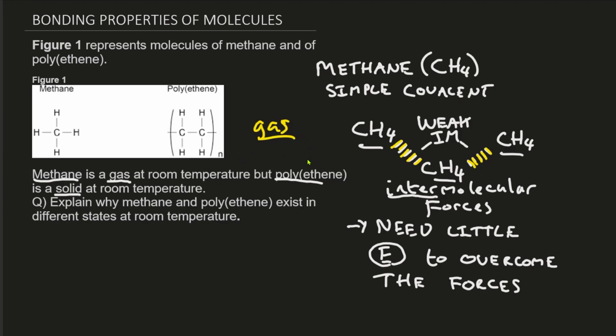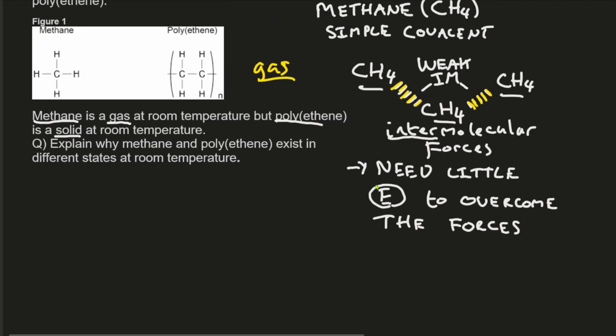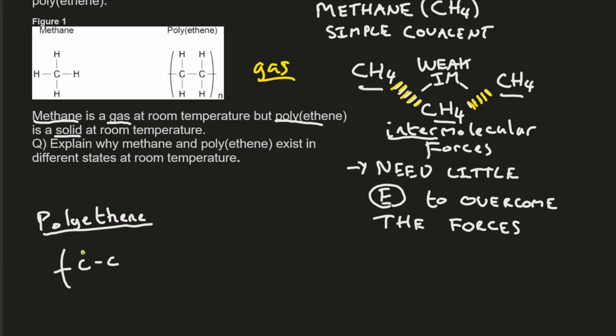What about polyethene, however? So polyethene is a different structure. I'm just going to scroll down a little bit. And now looking at polyethene, we can say the following. It's got a structure here which shows you part of the structure. So C with the H's. And it's n number of molecules.